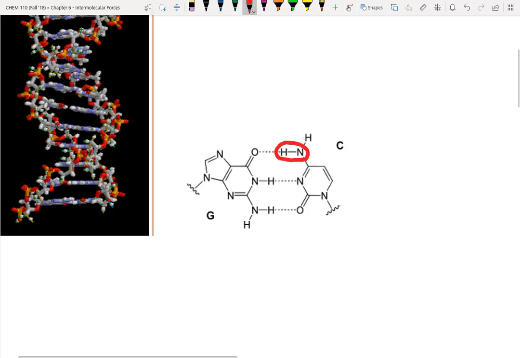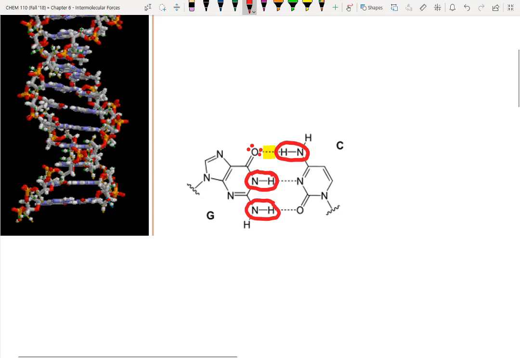So I see one right there, nitrogen with a hydrogen. See one right here, nitrogen with a hydrogen. Then one here, nitrogen with a hydrogen. So those are capable of hydrogen bonding, but they need a lone pair to hydrogen bond with. But that's okay because this oxygen right here has 2 lone pairs that can actually share its electron density with that hydrogen.